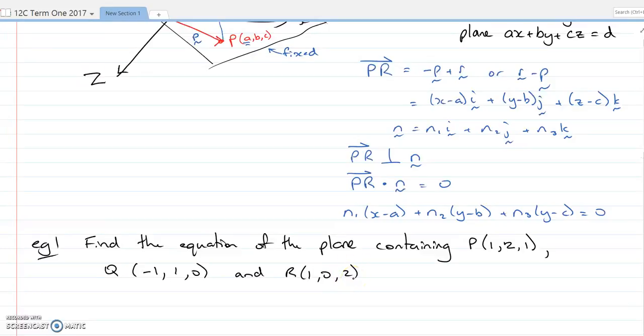Okay, well, I said we could find the equation if we had a point, and well, we've got 3 points, but I said we also needed a normal, and if you look here, we haven't been given a normal.